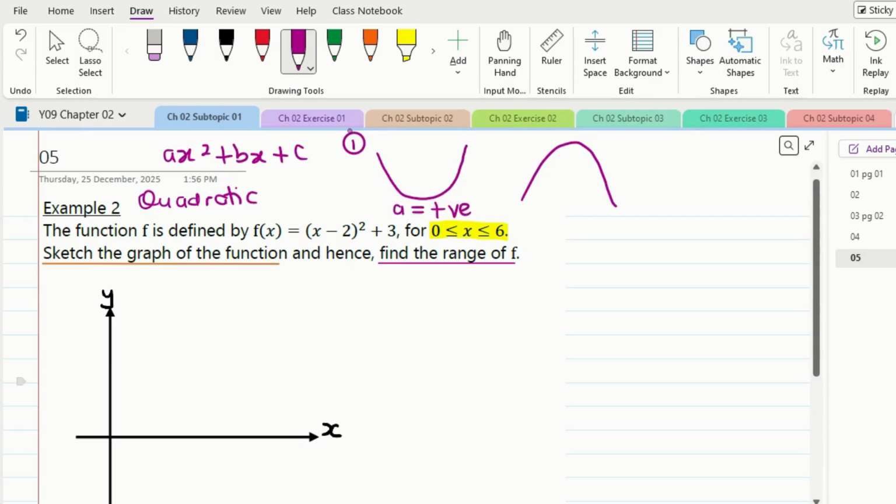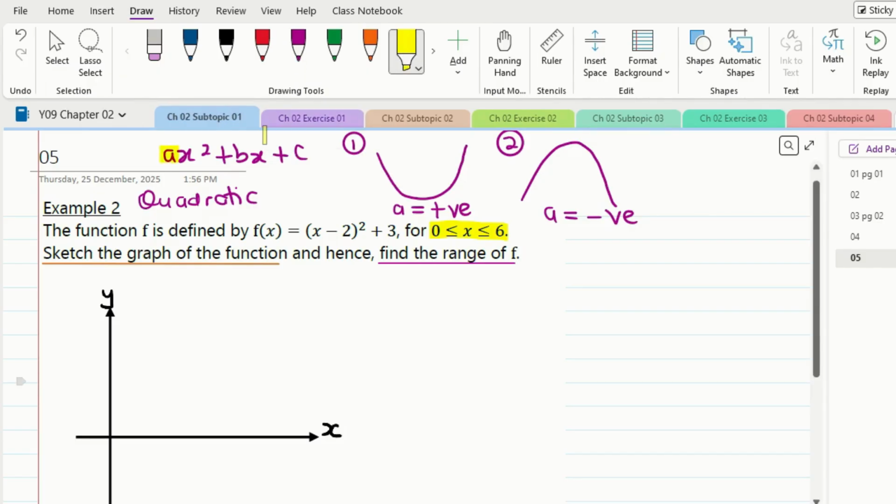positive a in front of x squared. For example, if you have positive 5x squared or positive 6x squared. As for the second one, you will get this if you have negative a in front of x squared, for example negative 5x squared or negative 6 or negative 7.